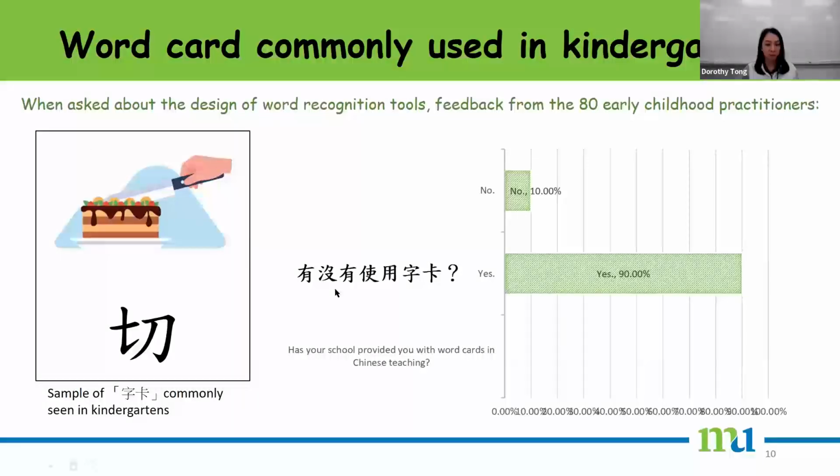A picture on top, and then the big Chinese character in the bottom half of the word card. This is a very common presentation. Actually, many of my students, when they go for teaching practicum, when they need to design teaching aids to be used in their teaching practice, they also use this kind of word cards.